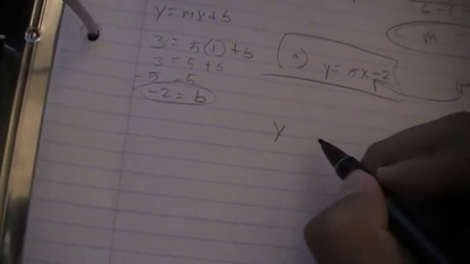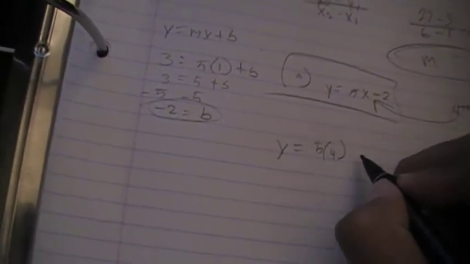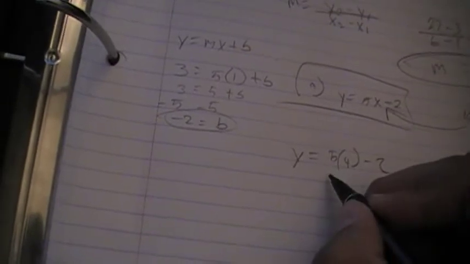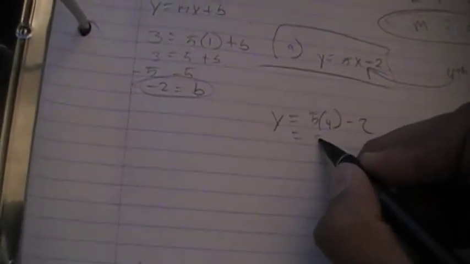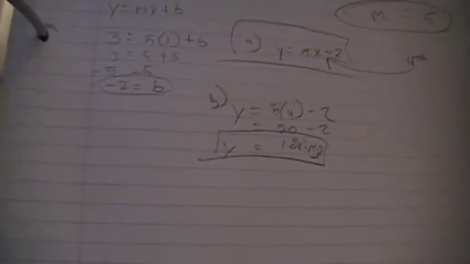So let's go down here. Y, the number of rings, will equal 5 times 4 minus 2. We multiply the 5 and 4, getting 20. And finally, we get 18. So the number of rings that Frodo found in his 4th week of searching is 18 rings. Make sure you label your units properly.